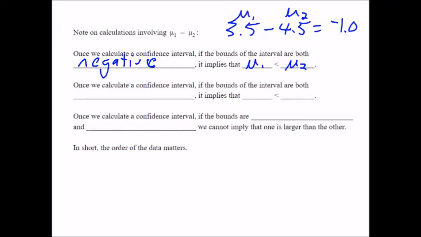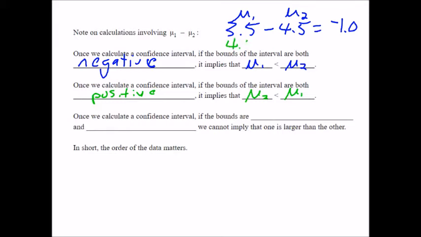And then similarly, if we calculate a confidence interval and both bounds are positive, that implies that the second mean is less than the first mean. Similar thinking as above.